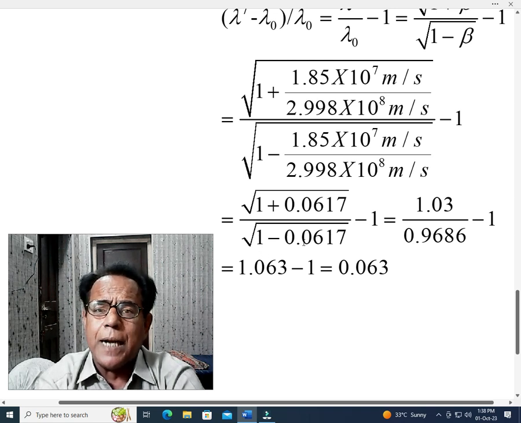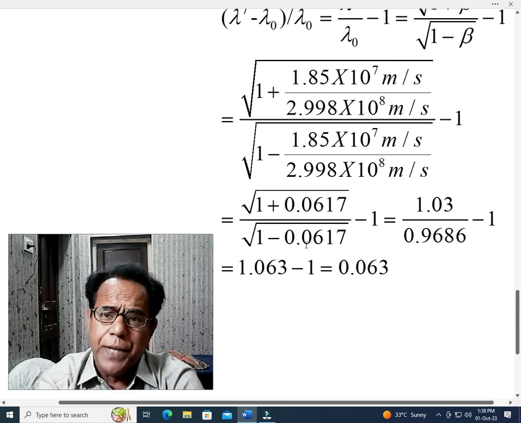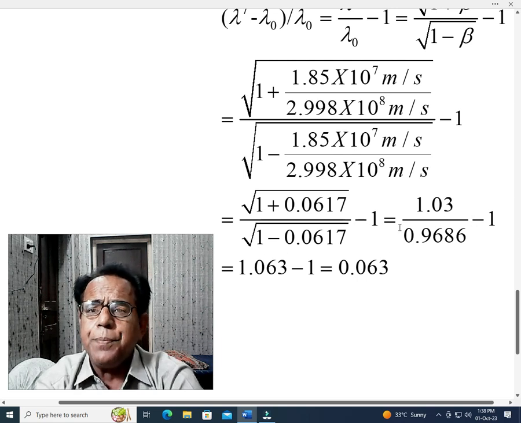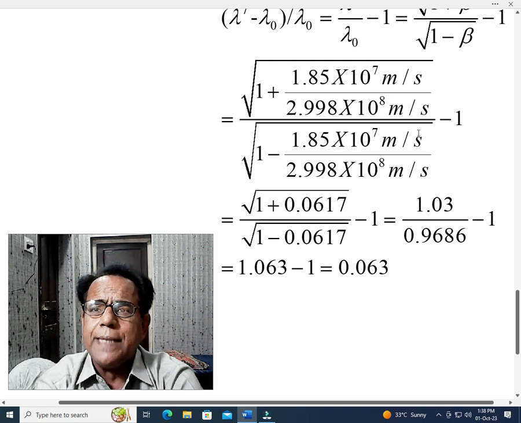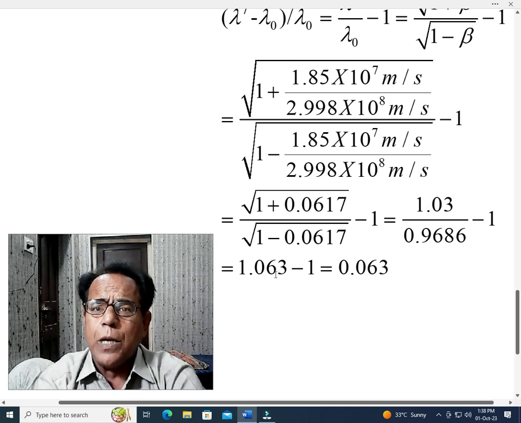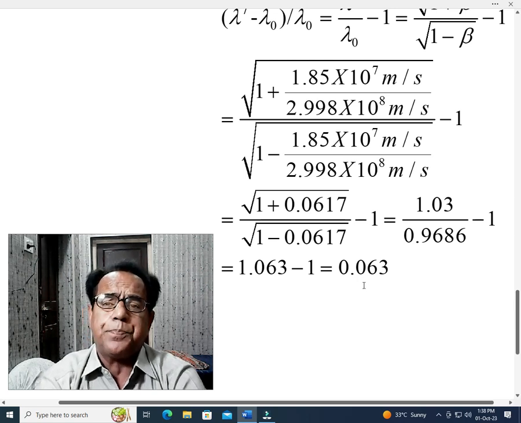When we subtract this factor from 1, something else will come, and then when we take the square root of that value, that value will be equal to this. Minus 1 comes along with it. Hence this factor will become equal to 1.063 minus 1, and hence our answer is 0.063.